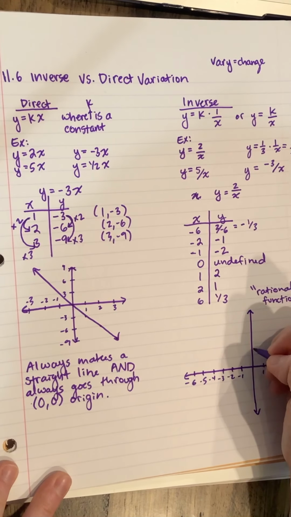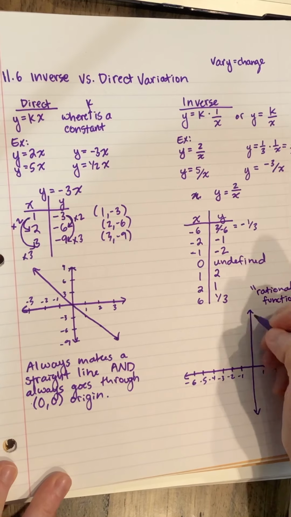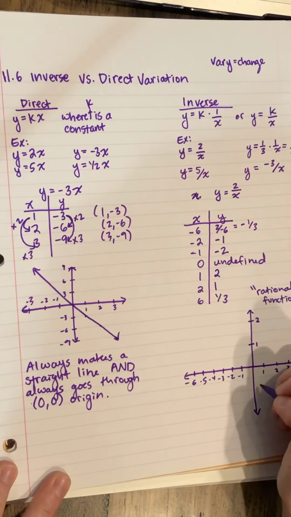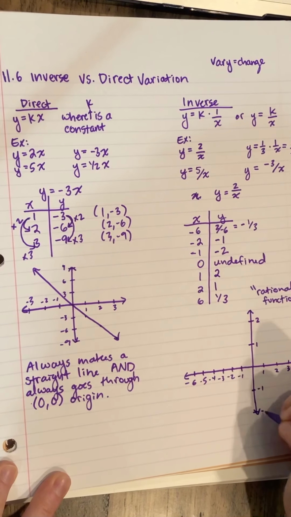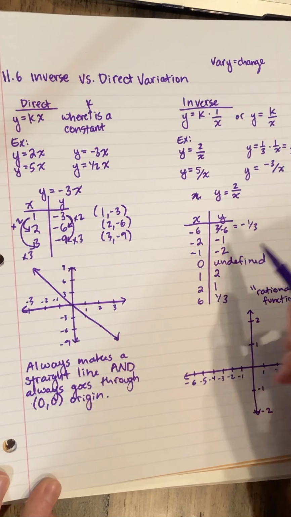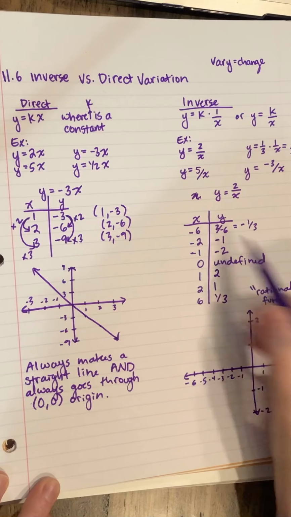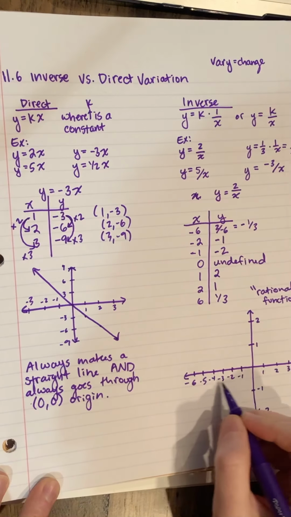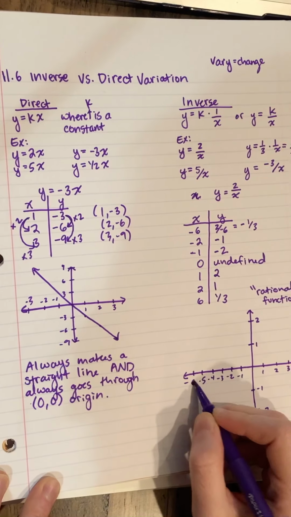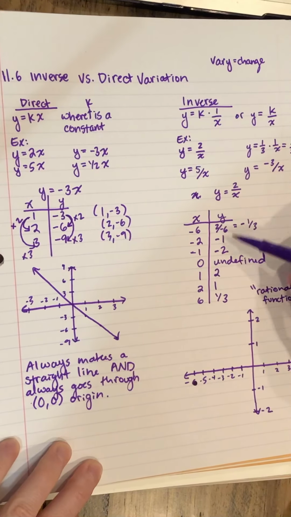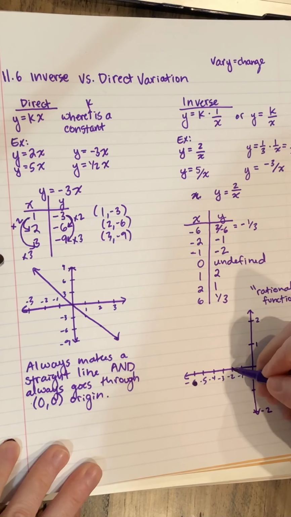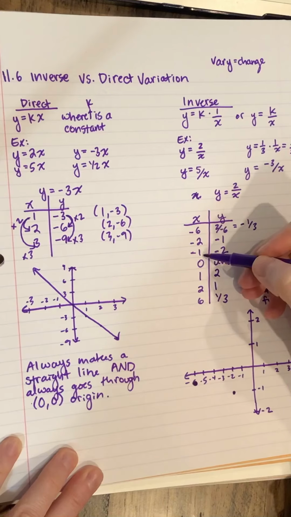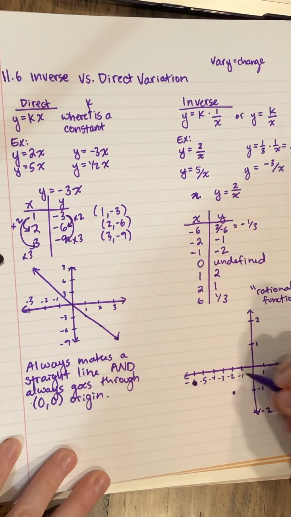And then we'll scale this by 2s. 1, 2, -1, -2. All right, so when x is -6, y is -1/3. So -6, -1/3 is approximately here. When x is -2, y is -1. And when x is -1, y is -2.